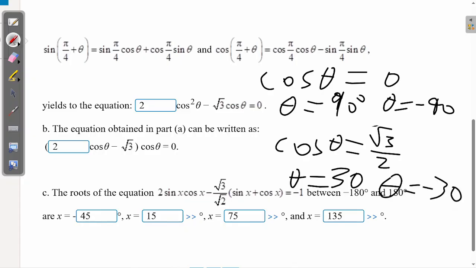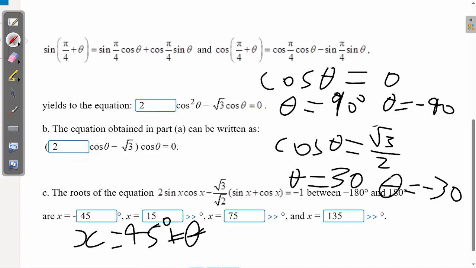Now you need to focus, because look, they said they want x, they don't want theta. What do you know about x? X is equal to pi over 4 plus theta. Okay, we're doing in degrees, so it's not pi over 4, it's 180 over 4, which is 45 plus theta.